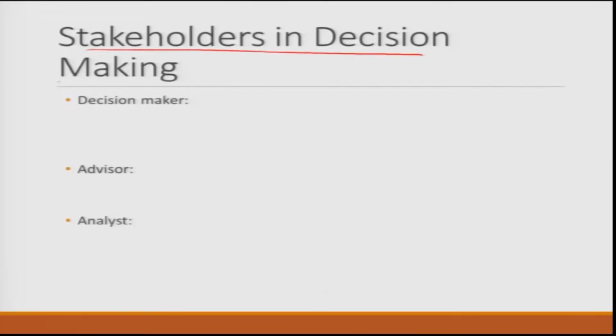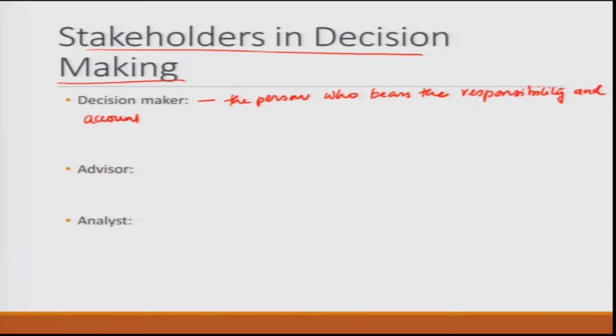Now, coming to the conclusion of today, we need to talk about the stakeholders in decision making, and in this case we are going to talk about three important stakeholders. The first one is called the decision maker. The decision maker for us is the person, it can be a committee also, who bears the responsibility and accountability to make rational decisions.